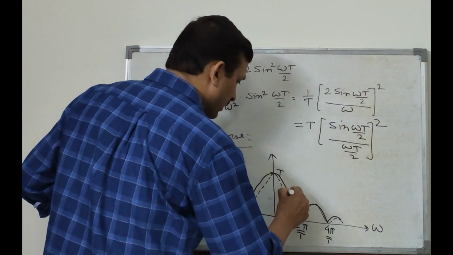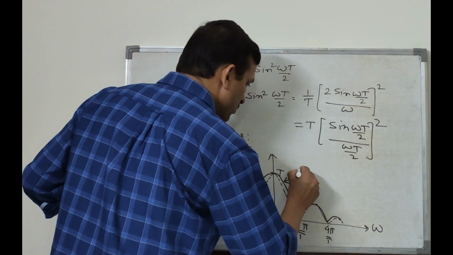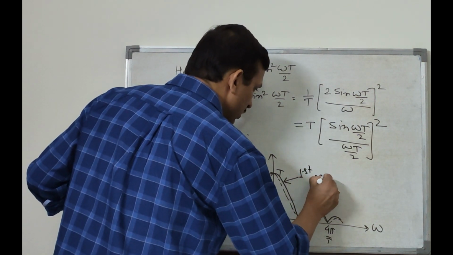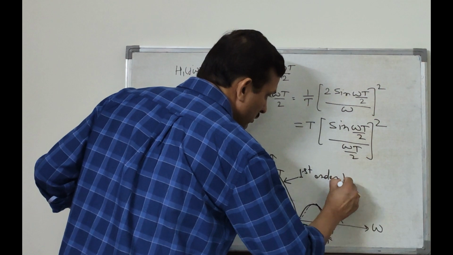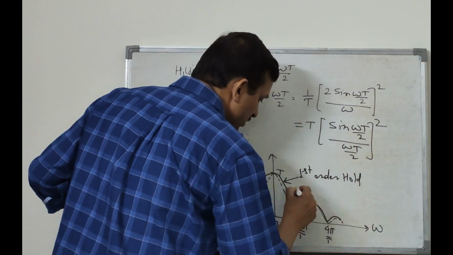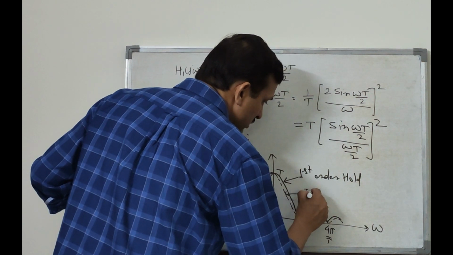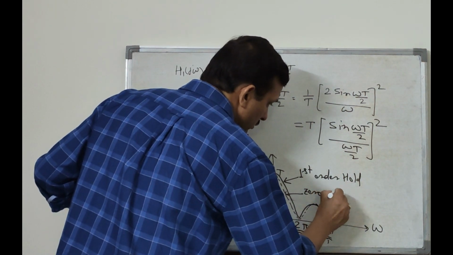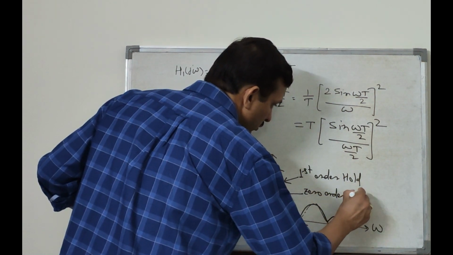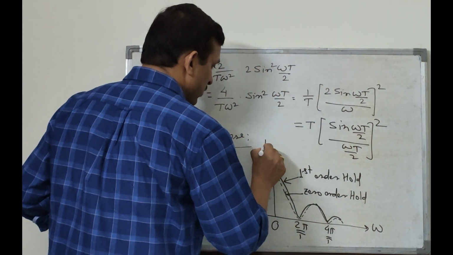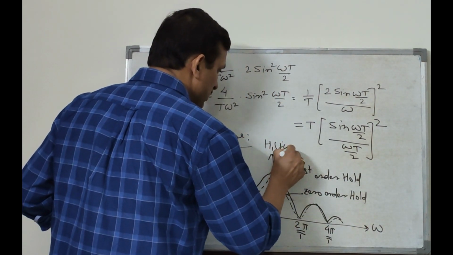So you can see this is the response for the first order hold, which can give a smoother, better result as compared to the zero order hold. This is for H1 j omega.